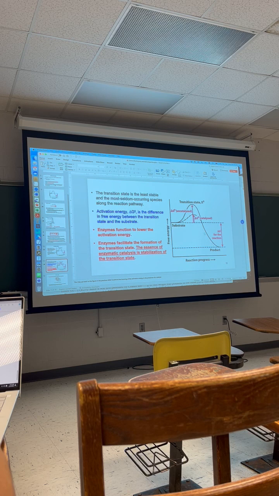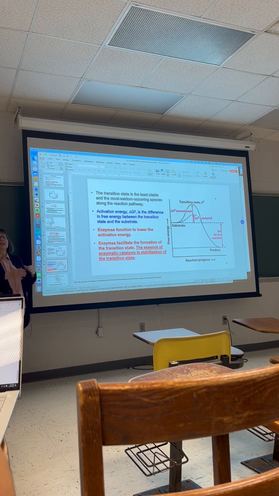Now, if this diagram looked different, so if the energy of the product was higher than the energy of the substrate, like this, product higher, would this reaction occur spontaneously? No. What if you added an enzyme? Would it then?